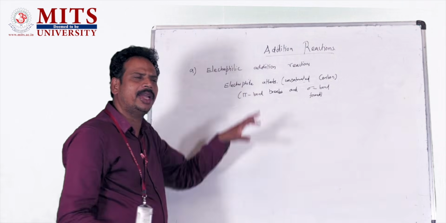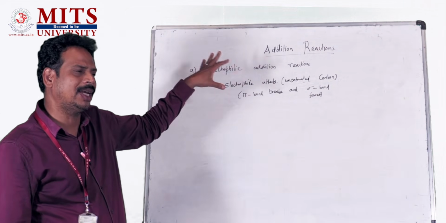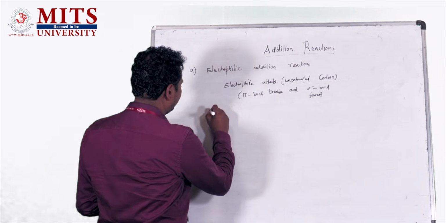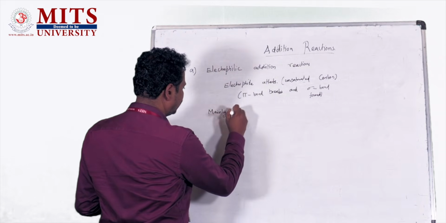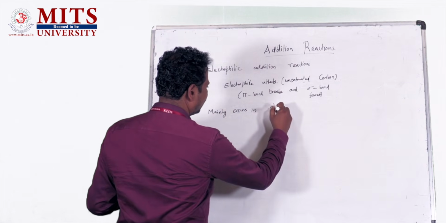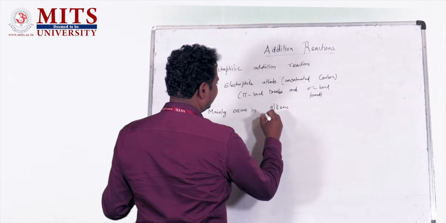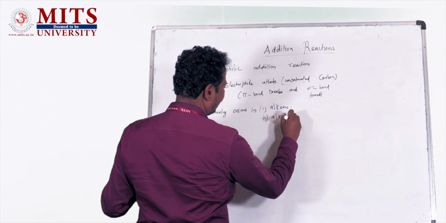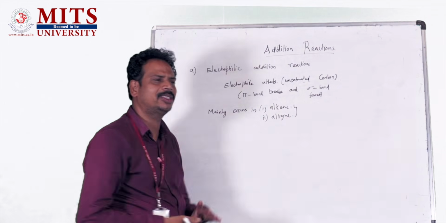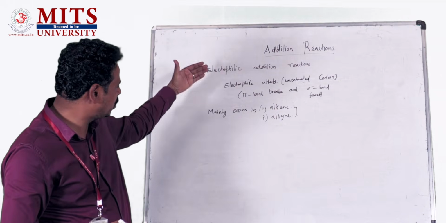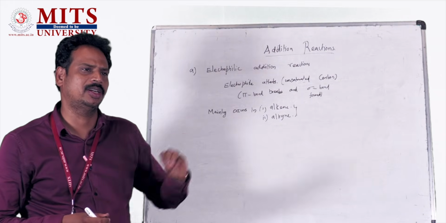This reaction mainly occurs in alkenes or alkynes. Alkene has a double bond as its functional group and alkyne has a triple bond. So here mostly the electrophilic addition reaction occurs.